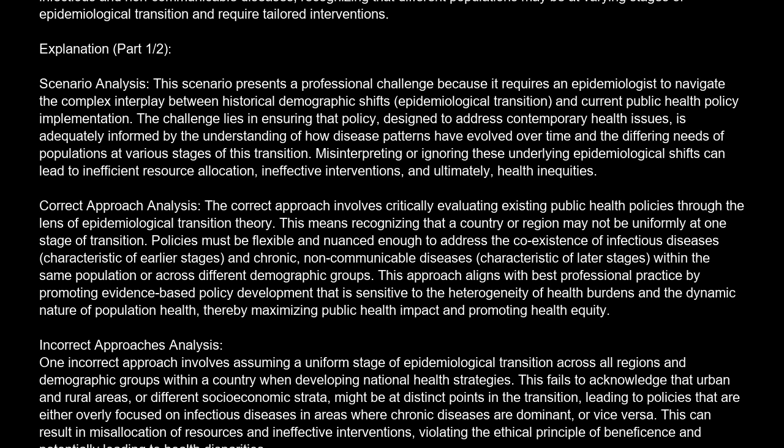This approach aligns with best professional practice by promoting evidence-based policy development that is sensitive to the heterogeneity of health burdens and the dynamic nature of population health, thereby maximizing public health impact and promoting health equity.